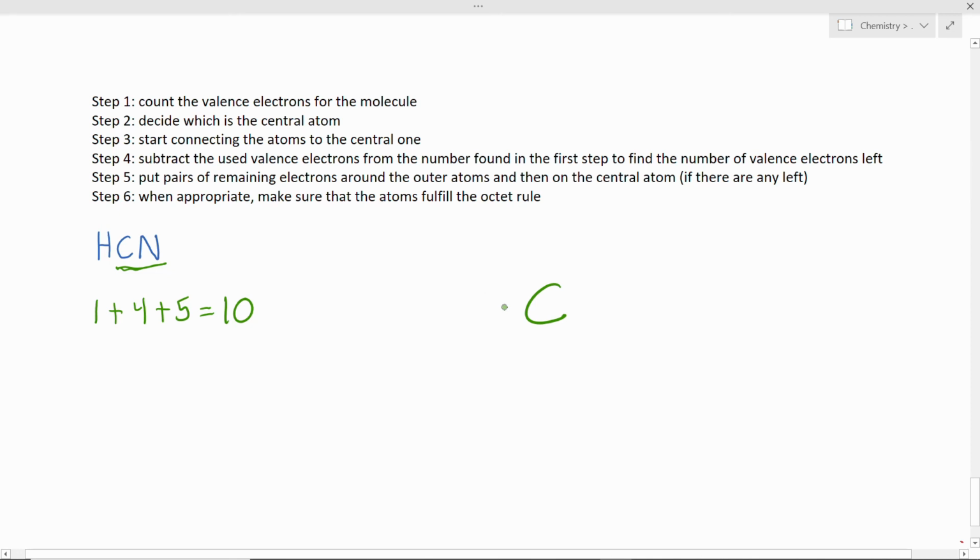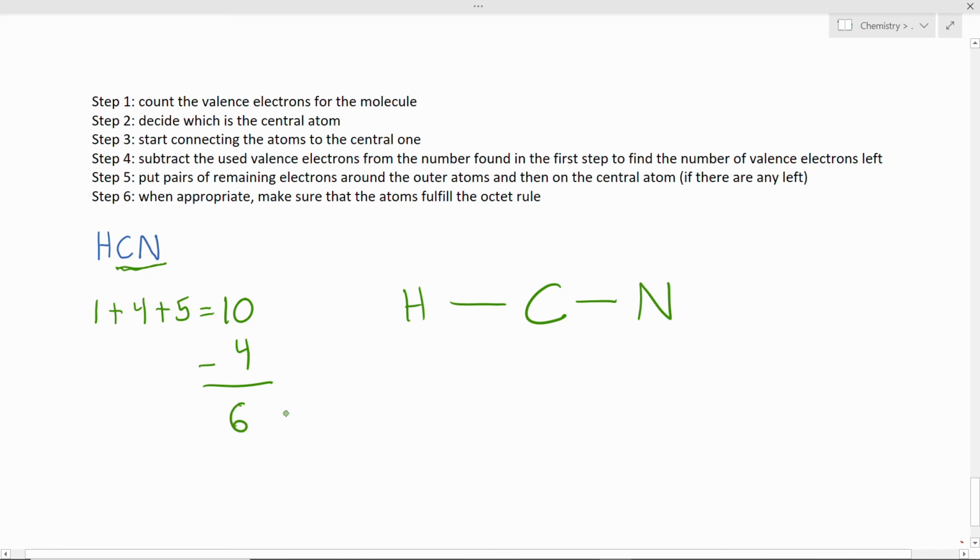And now we attach the hydrogen here and the nitrogen. Doesn't really matter if the hydrogen is on the left or right, or if the nitrogen is on the left or right. Alright, so now we look at how many valence electrons we used. In these 2 bonds, we know that we used 4 valence electrons. Subtraction tells us that we have 6 valence electrons left to use.